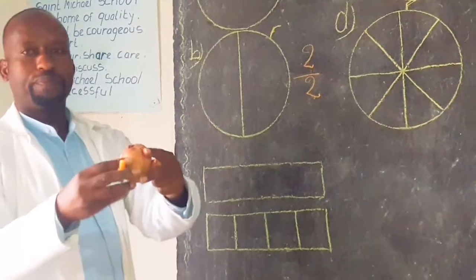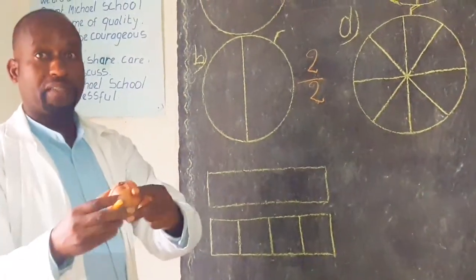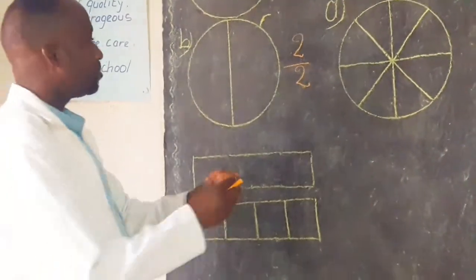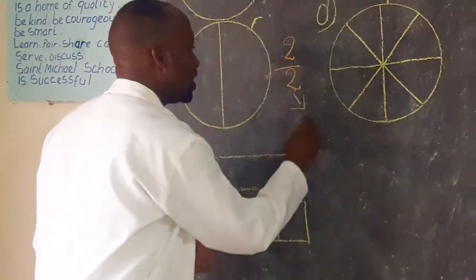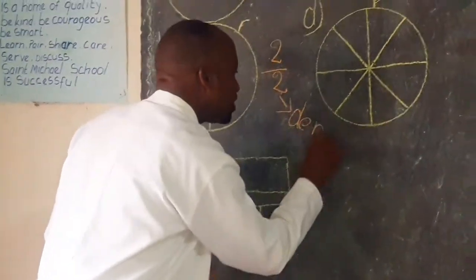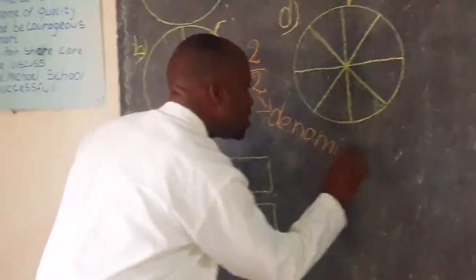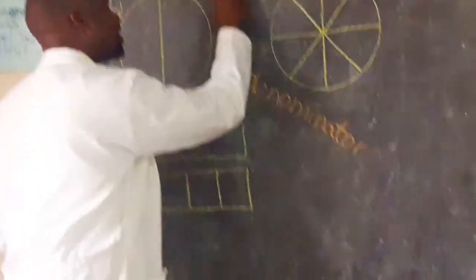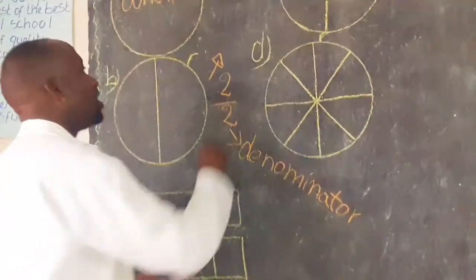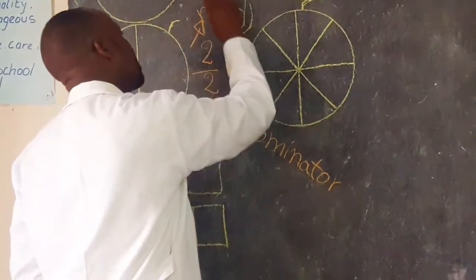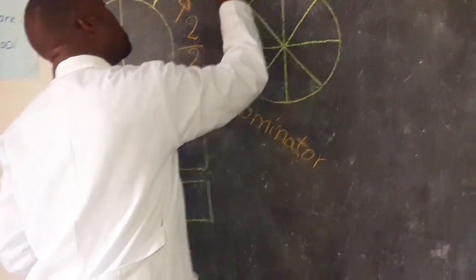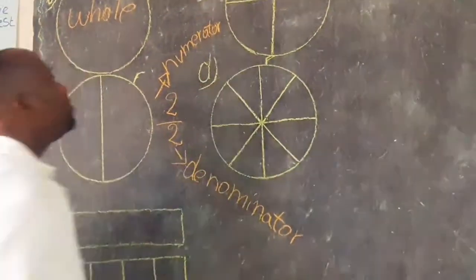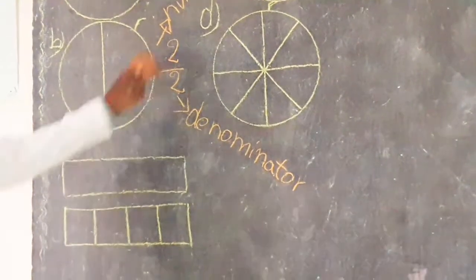And this 2, the available parts, is called the denominator. 2 is the denominator. And this is called the numerator.